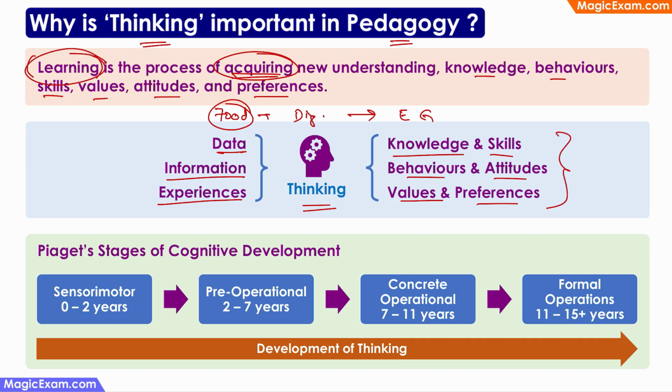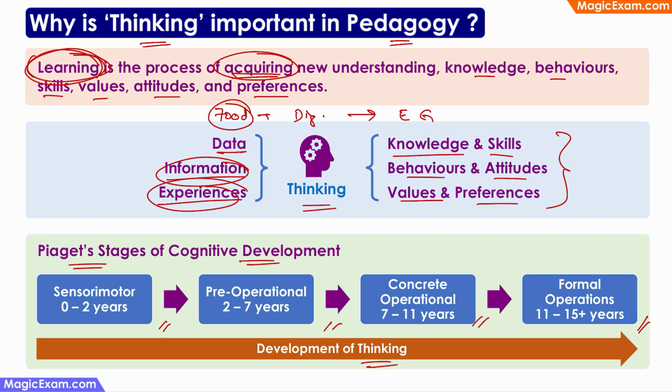In one of the previous videos, we spoke about Piaget's stages of cognitive development and how a person's cognitive abilities develop and evolve throughout a person's lifetime in distinct stages such as sensory motor, pre-operational, concrete operational, and formal operational stages. Similarly, thinking also develops and evolves throughout a person's lifetime, because as the person grows older, the person already has some experience, already has some information, has already learned a lot of things.